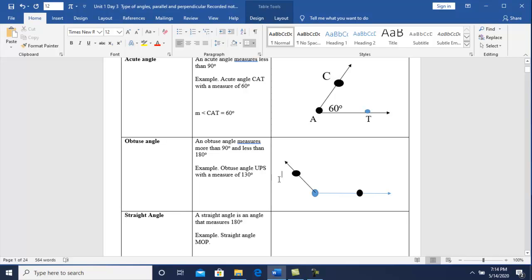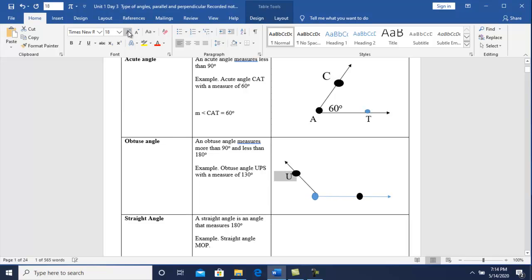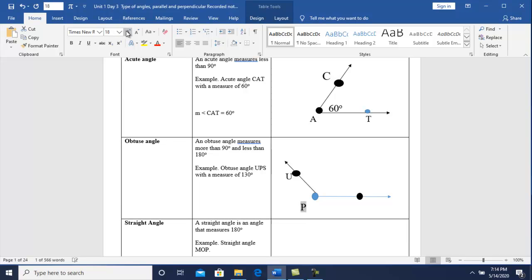Now the name of the angle, UPS. This is going to be letter U. The middle letter, this is P. And this is S. Now the measurement goes in the corner.